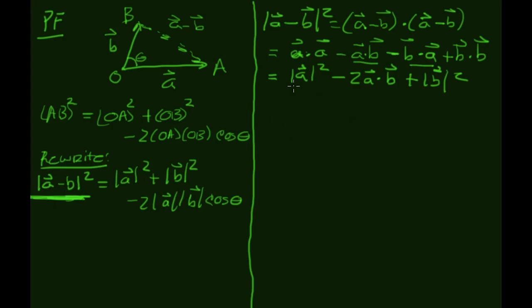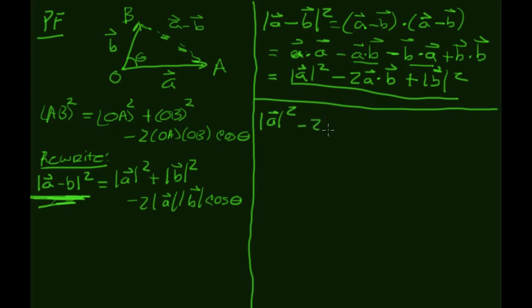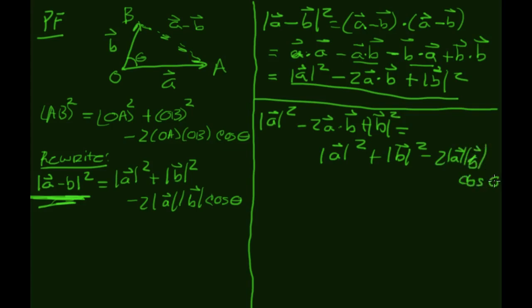If I go back here, I can now make this the left side of the equation. So I now have magnitude of A squared minus 2 A dot B plus the magnitude of B squared is equal to the magnitude of A squared plus the magnitude of B squared minus 2 times the magnitude of A times the magnitude of B times cosine theta.